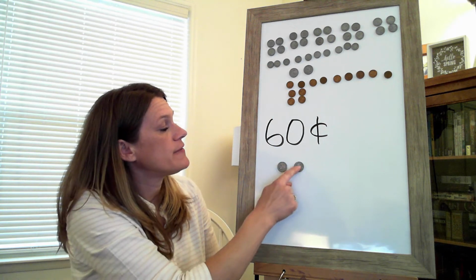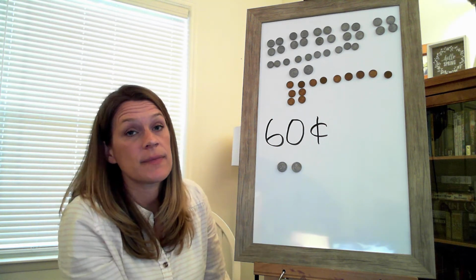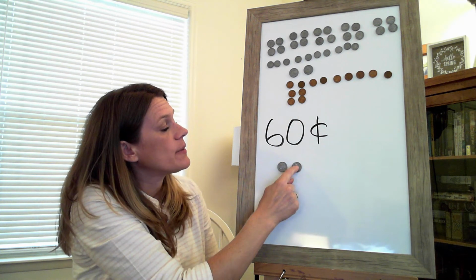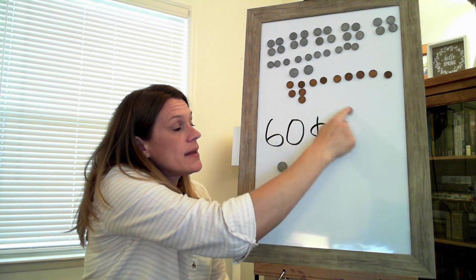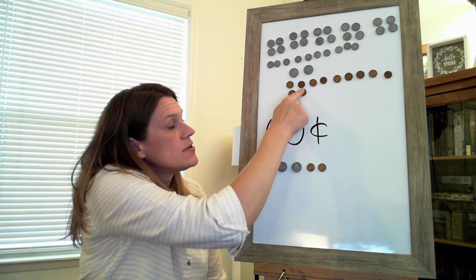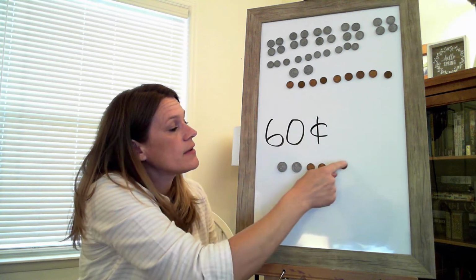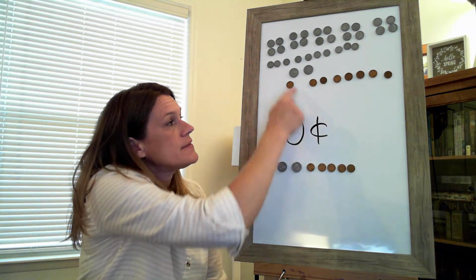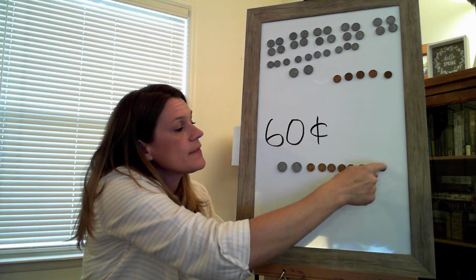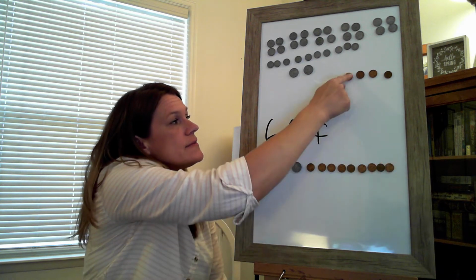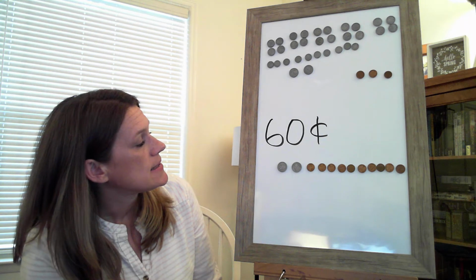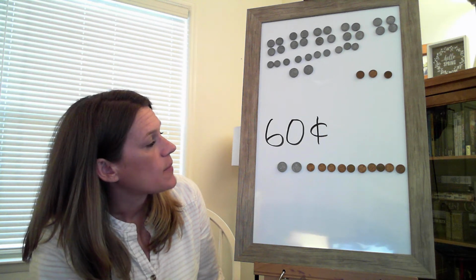All right, so I'm at 50, so now I need to use pennies because that was my job, just to use quarters and pennies. All right, so I'm at 50. Now I count by ones. 51, 52, 53, 54, 55, 56, 57, 58, 59, 60. 60 cents with my quarters and my pennies.